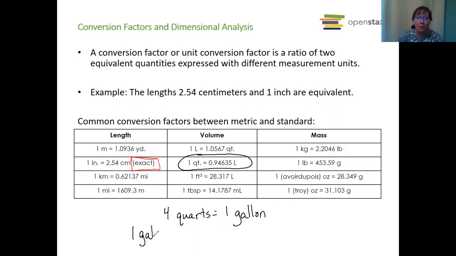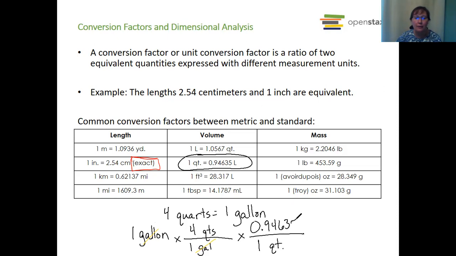And so you would say, okay, well, 1 gallon times, put 1 gallon on the bottom and 4 quarts on the top. And that's how it will allow you to get rid of your gallons. Times, and then we can use this one right here where we have 1 quart, okay, and we have 0.94635 liters.